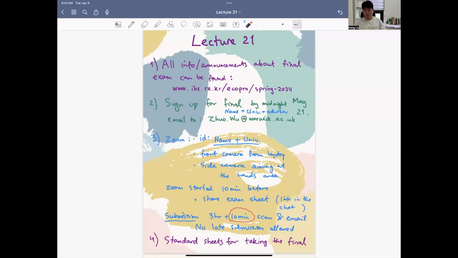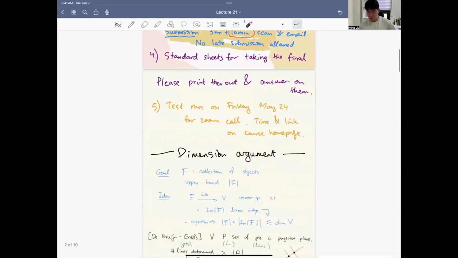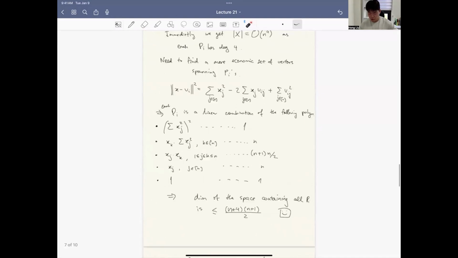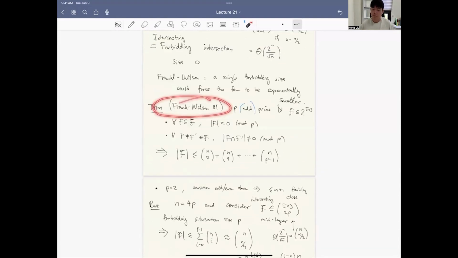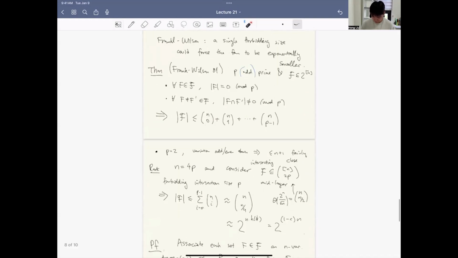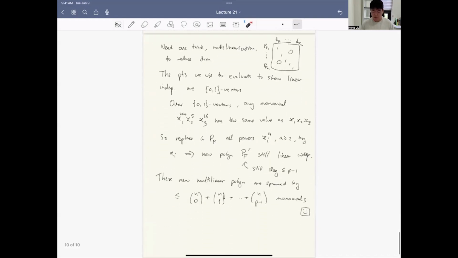My plan is to finish this dimension argument by presenting an application of Frankl and Wilson in combinatorial geometry. And then we move on to other methods. We have about 7, 8 lectures left. Any question about today's lecture?